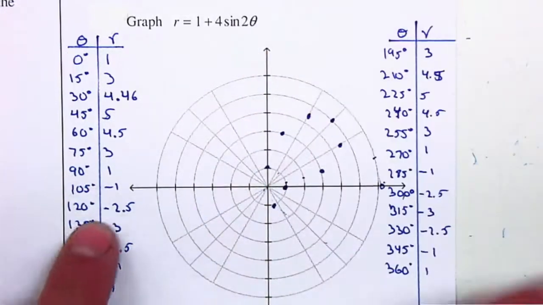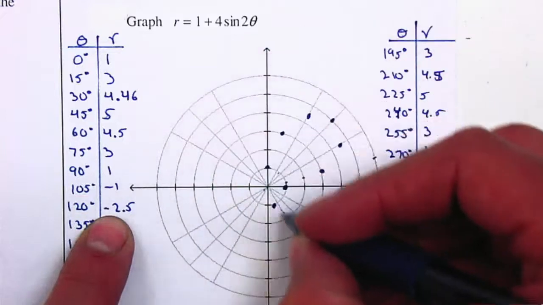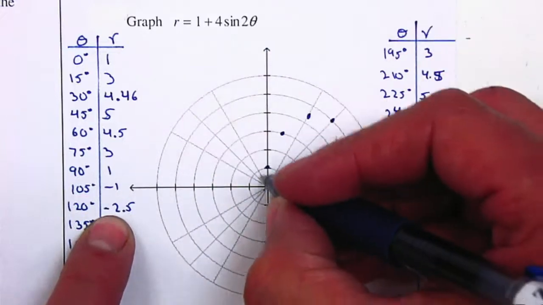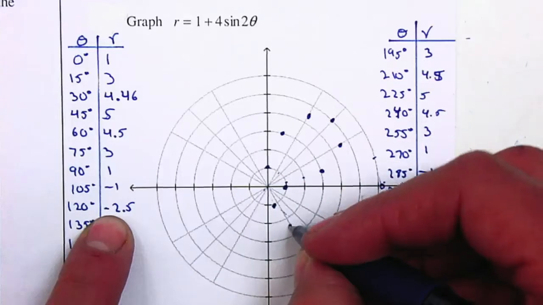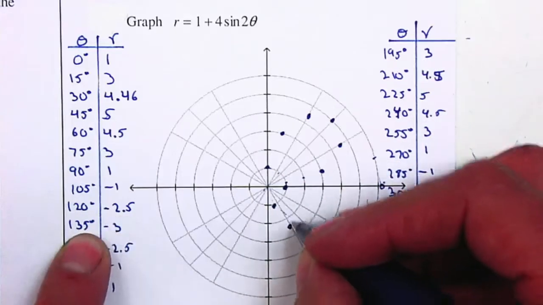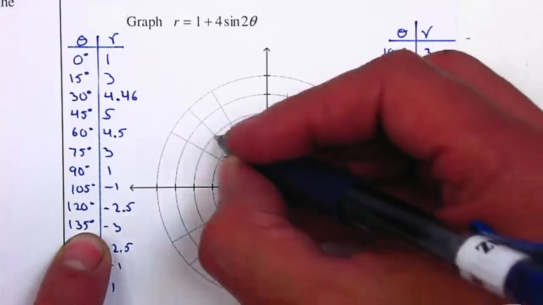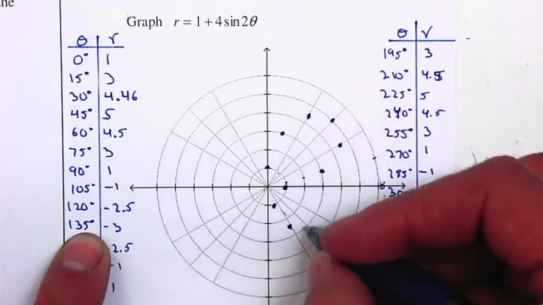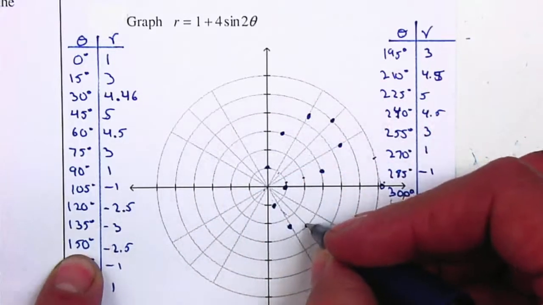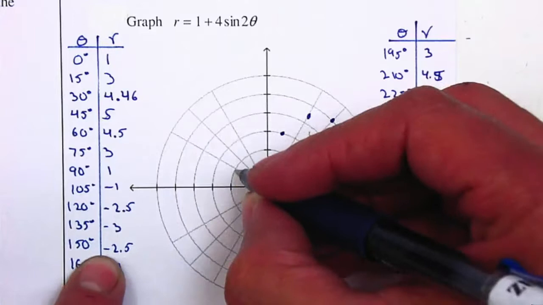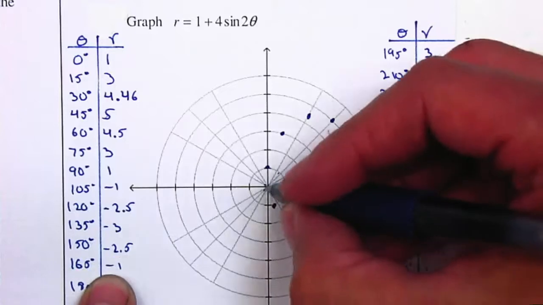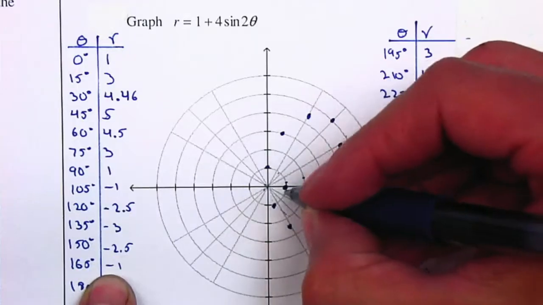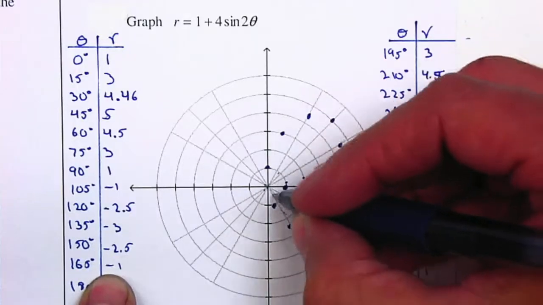So once you get to 120, which is this line right here, instead of going positive 2.5, you're going to go to negative 2.5. 135, instead of going positive 3, I need to go back 1, 2, and 3. 150, instead of going positive, it's sending you back to negative 2.5. And 165, instead of going positive, it sends you to negative 1. And there's another small leaf.